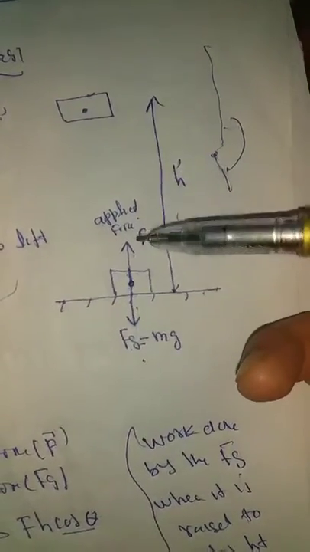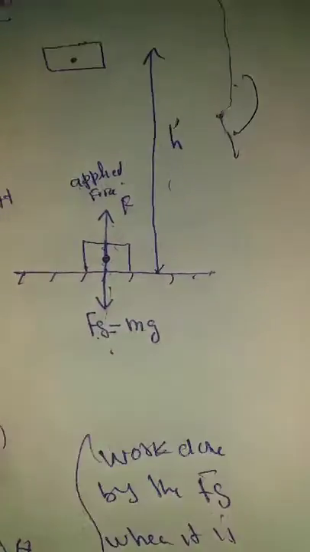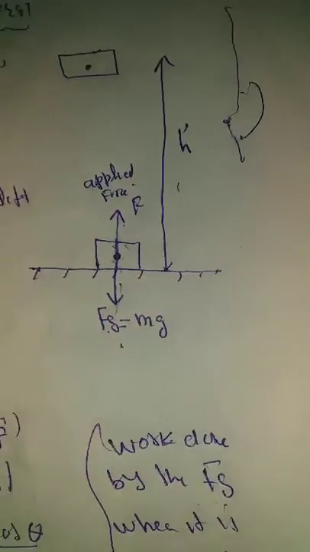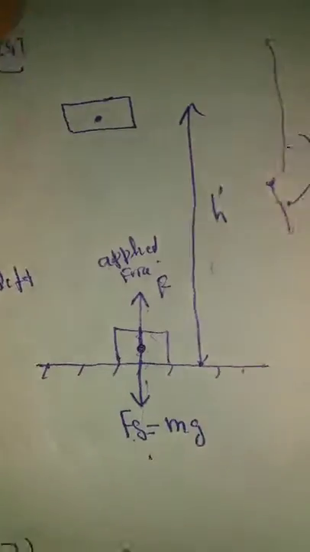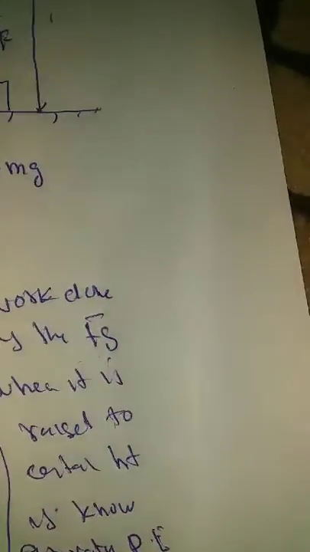The angle between them is 0, so in that case it is mgh. That means when we raise the body above the surface of the earth, gravitational potential energy is negative, and when it falls freely from above, it is positive mgh.